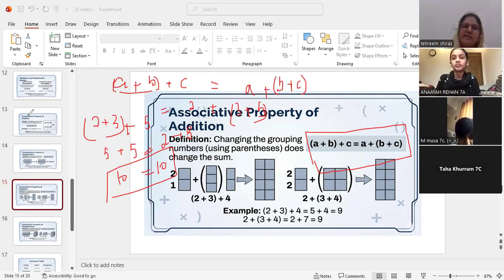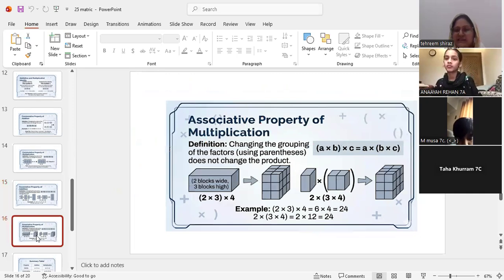This is the same as the associative property of multiplication, because it is as simple as saying: if you change the grouping of the numbers, the answer will remain unchanged. For example, I can say 2 multiply 3.